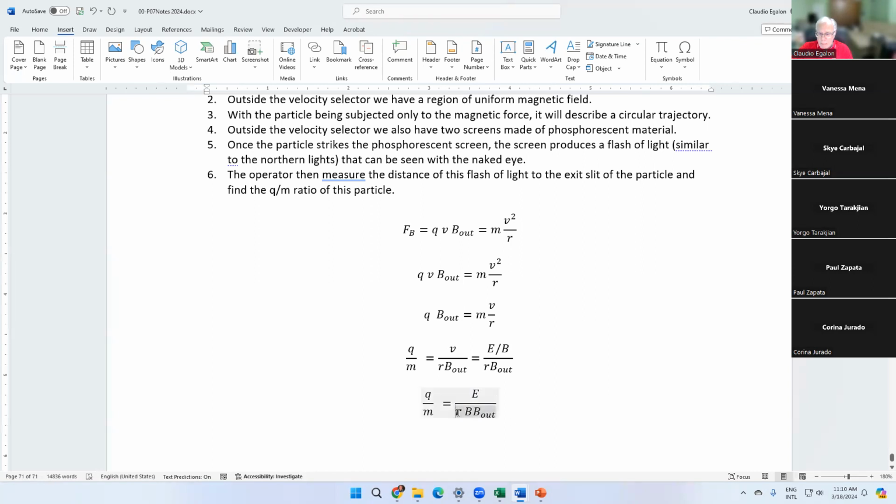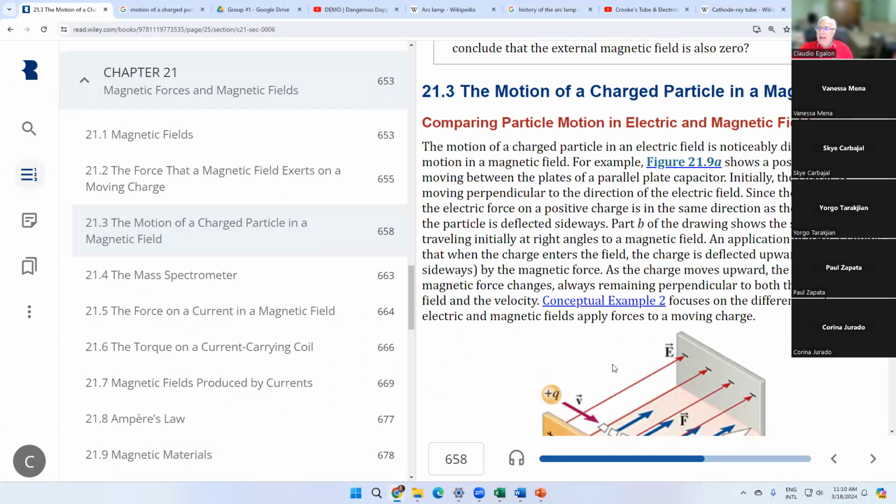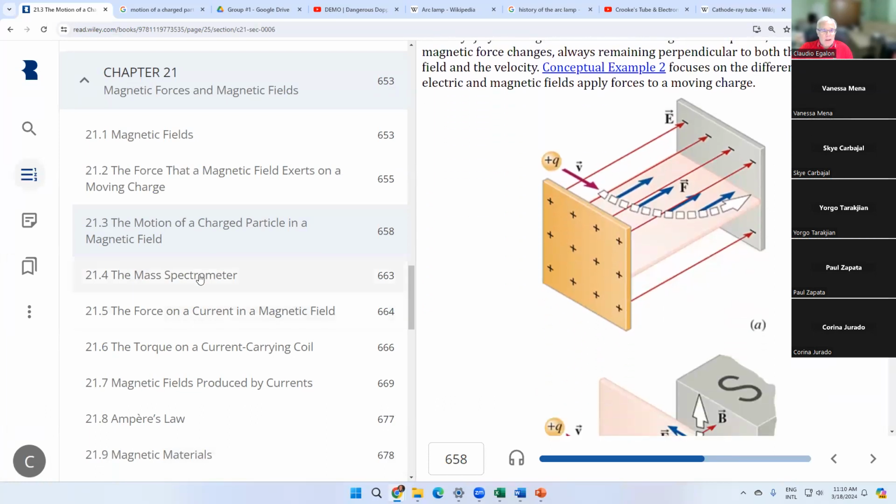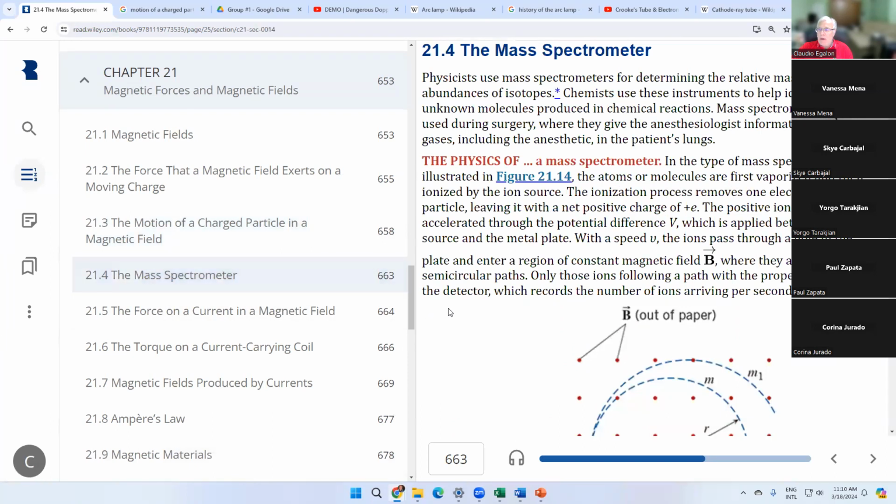And just by measuring the radius, we can find the different charge to mass ratio or mass to charge ratio. That's what the mass spectrometer is all about.